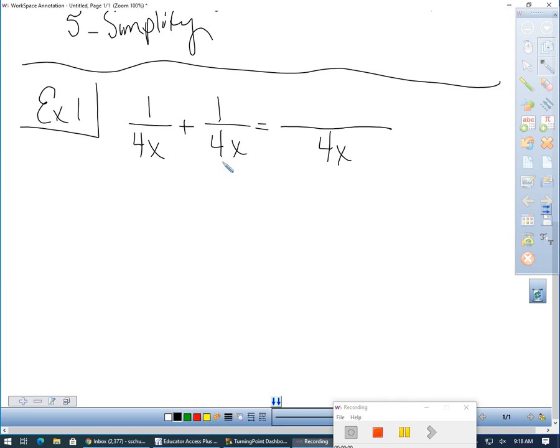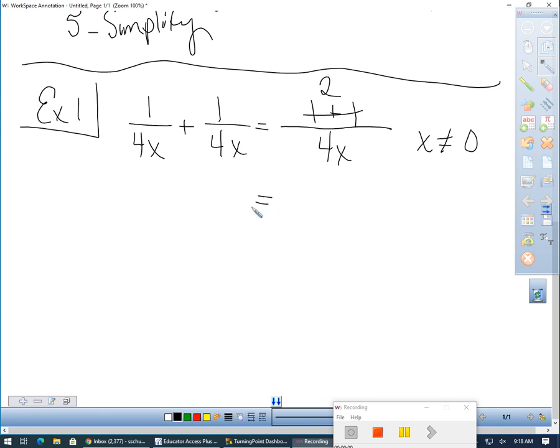Our restriction: what makes this denominator 0? We can say that x cannot equal 0, right? It's the only thing that will make it 0. And then on the top, we would have a 1 plus 1.